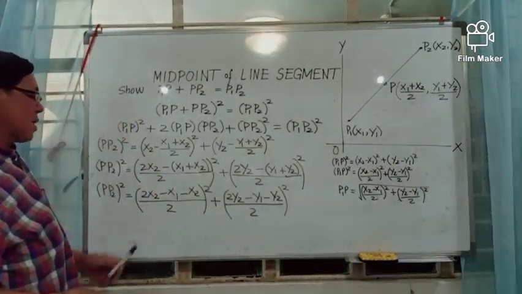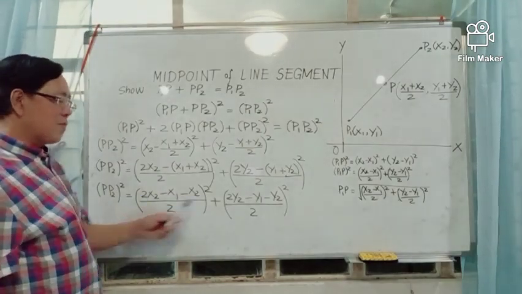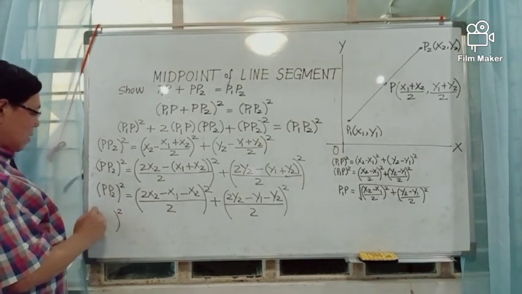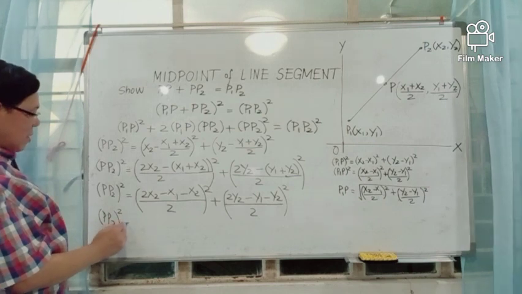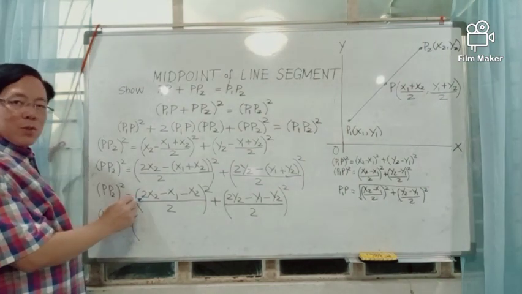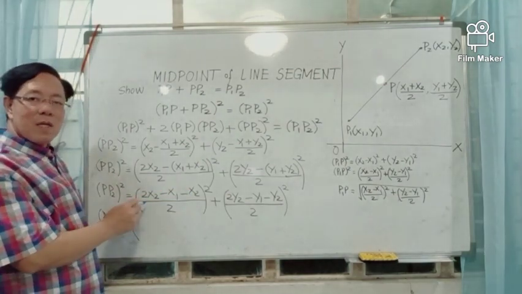Now we combine like terms in the numerators of these terms. We have the square of the distance between P and P2 is equal to, the like terms are 2x2 and minus x2. You add the numerical coefficients.